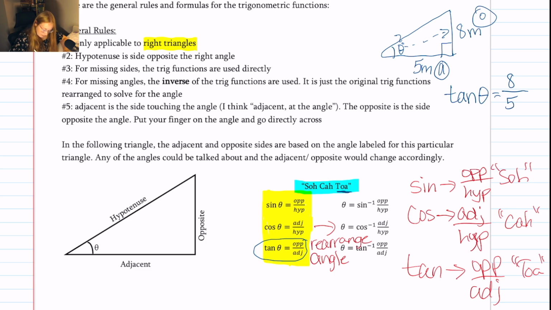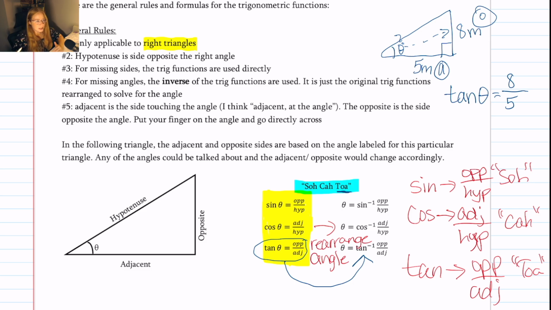Now here's how they got from this original formula to the inverse. The variable I'm missing is theta. I am missing the angle. That's what I want to know. So if I'm missing the angle, that's what I need to isolate on the other side of my equation. Okay, so I really need to move this tangent to the right-hand side. And how do I move tangent to the other side?